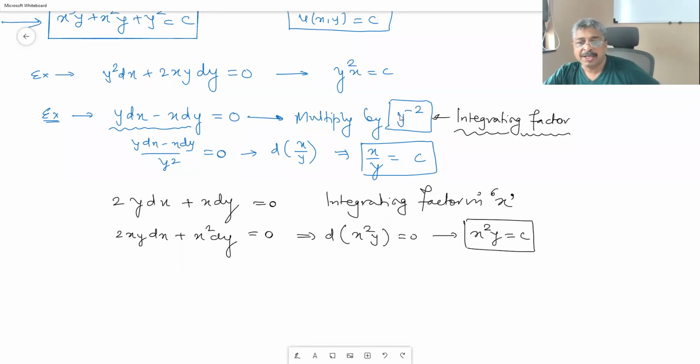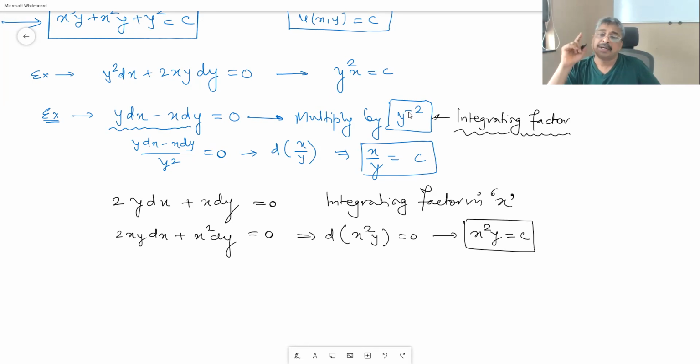So when I multiply by y raised to minus 2, I am introducing a discontinuity in the differential equation, and therefore once you get the solution, you should verify whether the integrating factor has introduced some unnecessary discontinuities.